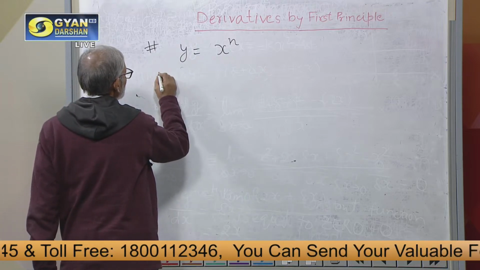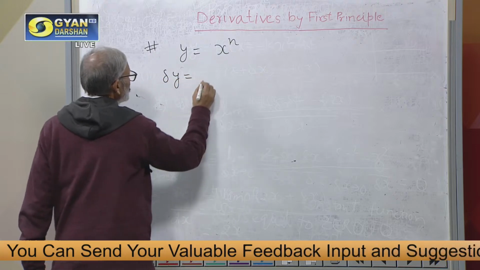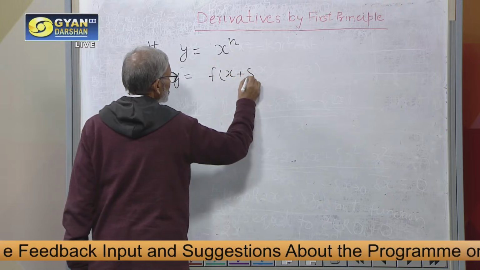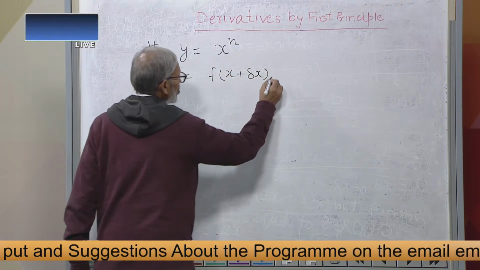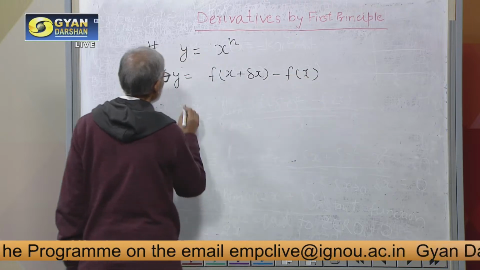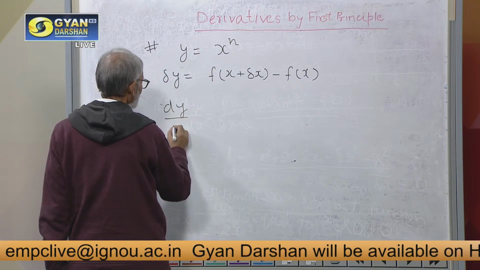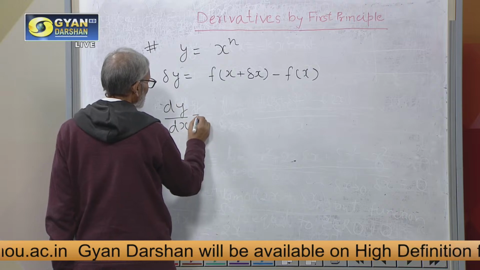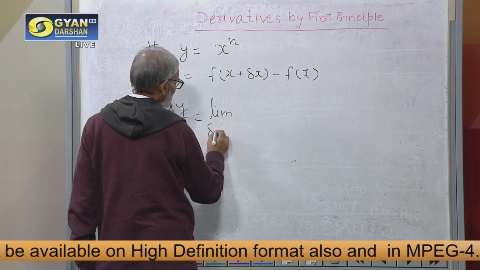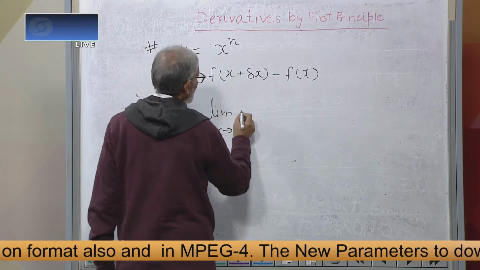So delta y will be equal to f of x plus delta x minus f of x, by first principle, and according to the definition dy by dx will be equal to limit delta x tends to 0 of f of x plus delta x.